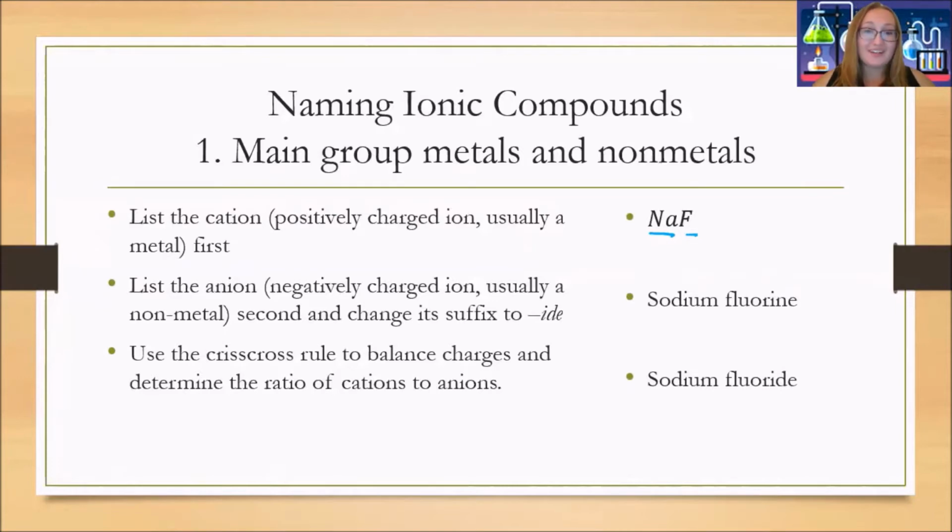I don't need prefixes to tell me how many there are of each because I know that the sodium cation always has a +1 charge and the fluorine anion always has a -1 charge. We crisscross the charges to get the subscripts, and we get that for every 1 sodium, we need 1 fluorine.